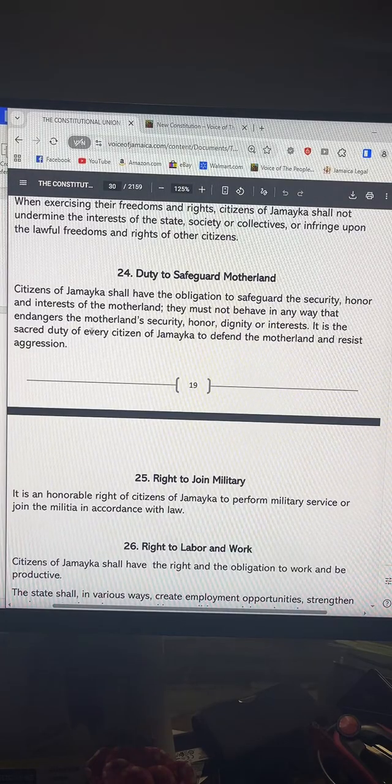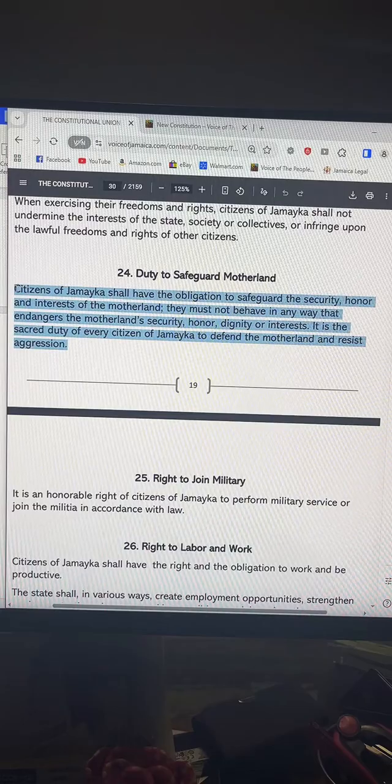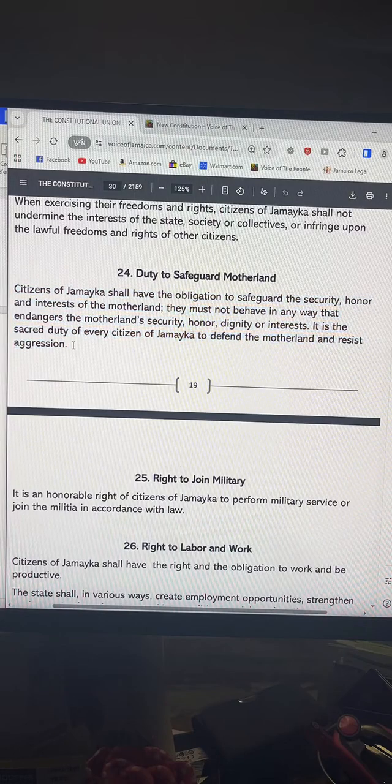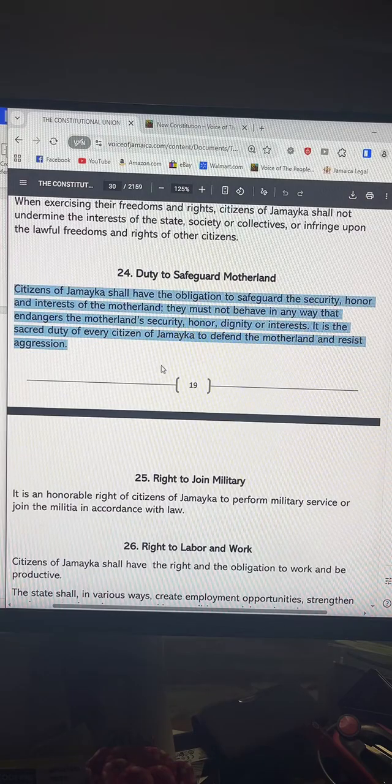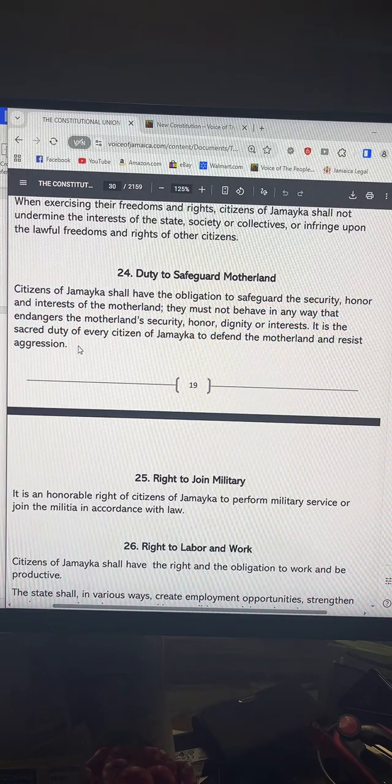Right? So, this is where a lot of us say we are proud Jamaicans, right? And we love our island, we love our culture, we love everything about where we come from, right? So if there is ever any kind of aggression against Jamaica, we should be ready to defend our motherland and our people by any means against any kind of aggression that comes to our island, right?